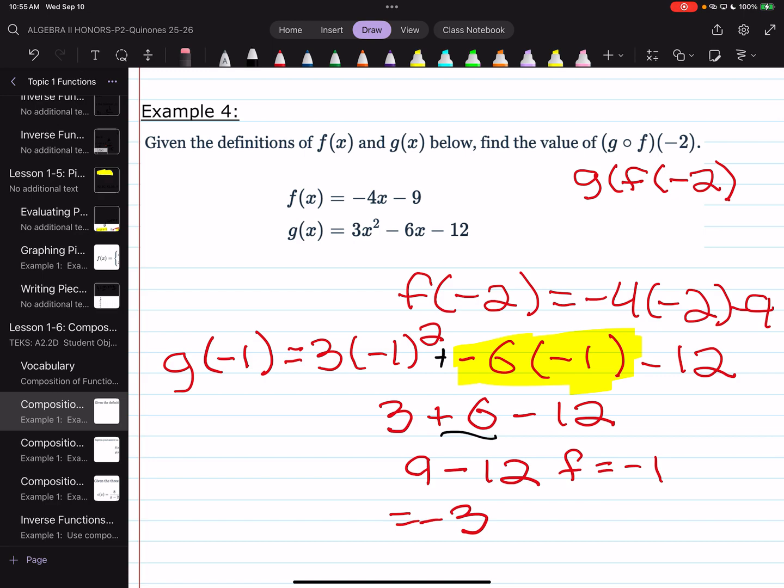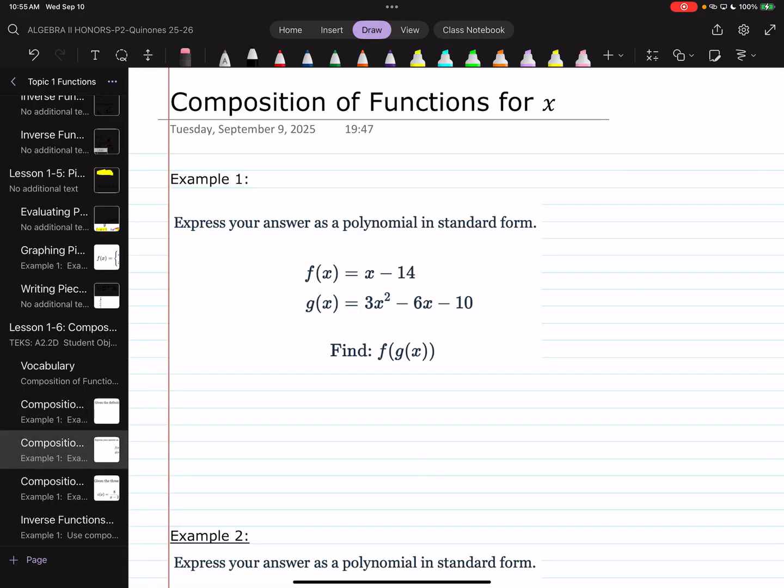We're going to do that. However, we are not going to actually get an output that's of value. We're going to get an output as a whole new equation. Right? But the concept is the same, right? What are we doing here? We are going to put g of x wherever we see an x in the f function.